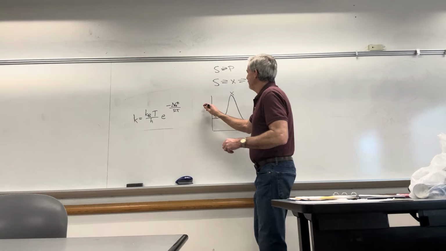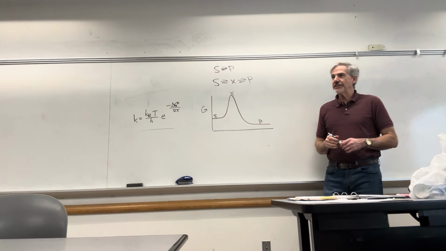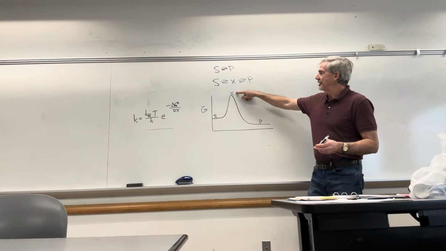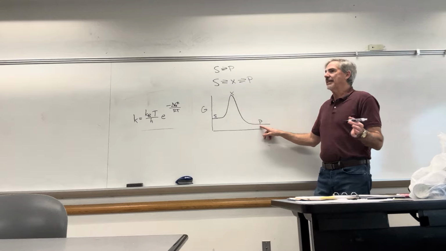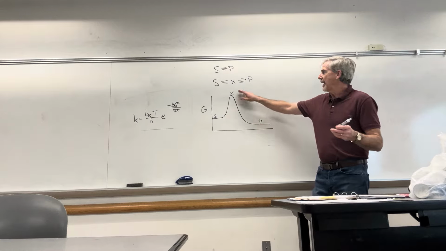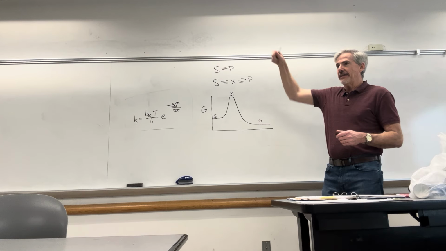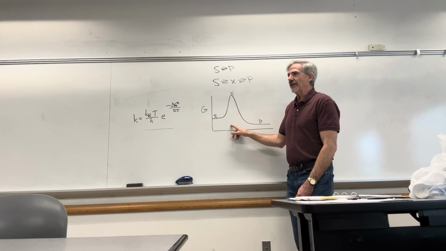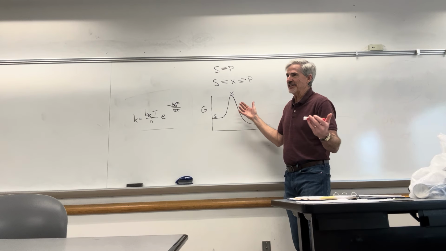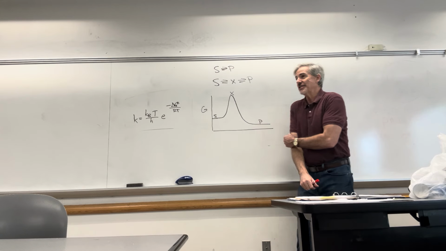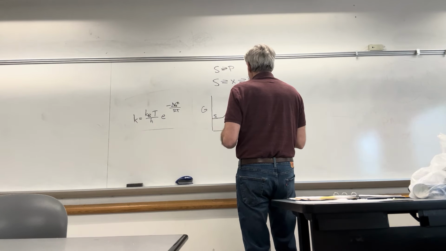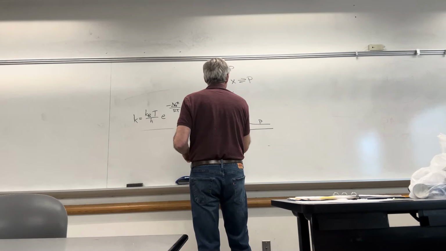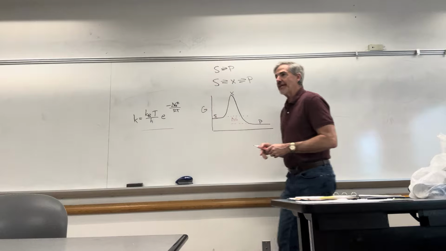Okay, so we could look at the amount of free energy associated with the molecule. So S has a certain amount of free energy. The transition state has a certain amount of free energy. The product has a certain amount of free energy. Okay. And the transition state is always going to be the higher energy. If the transition state had a low energy, then it would never want to go past the transition state. It would just stay in the transition state. Okay, so for our reaction, we're going to have our delta G for the reaction.